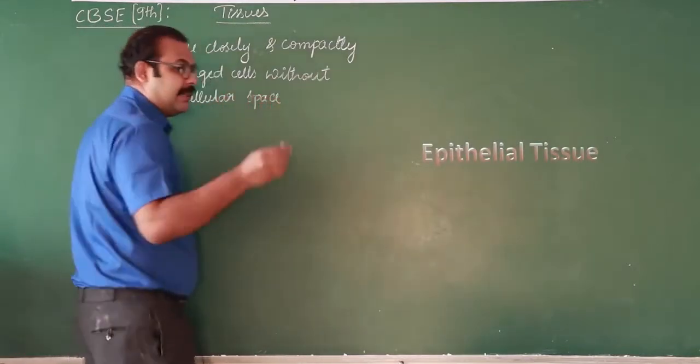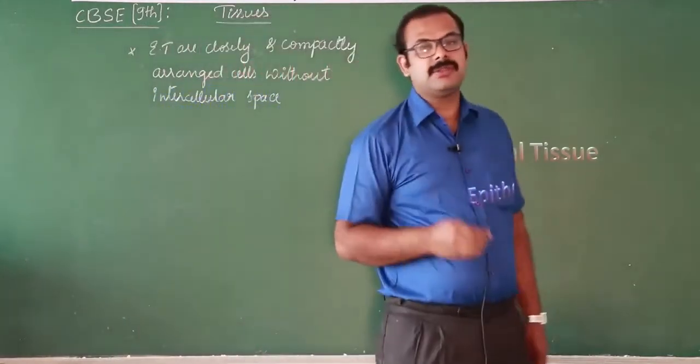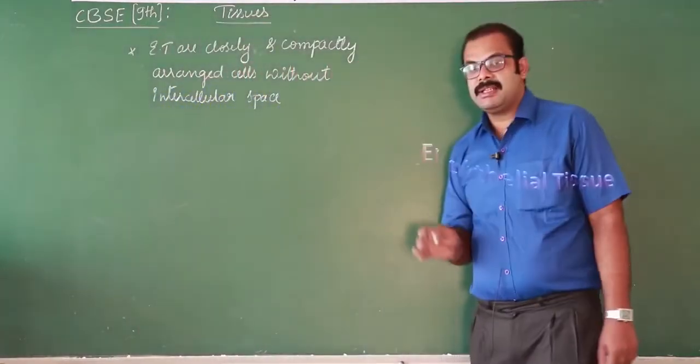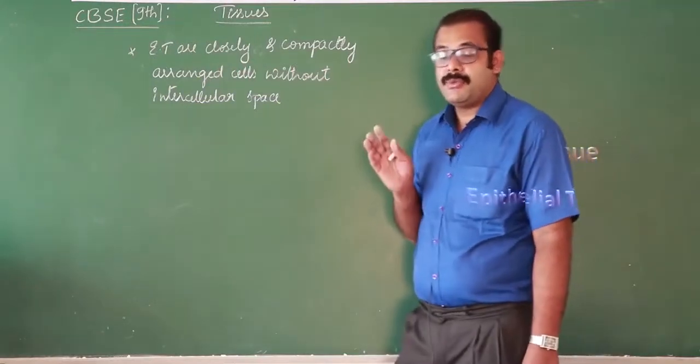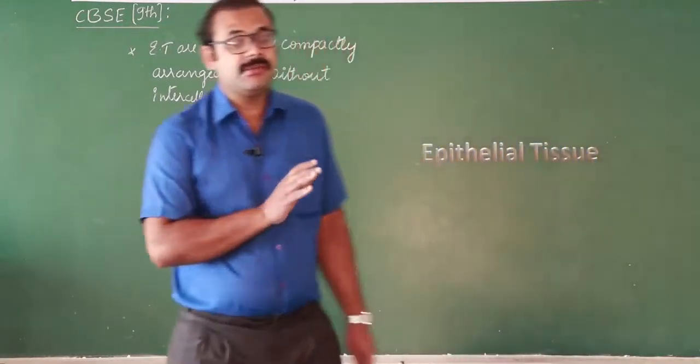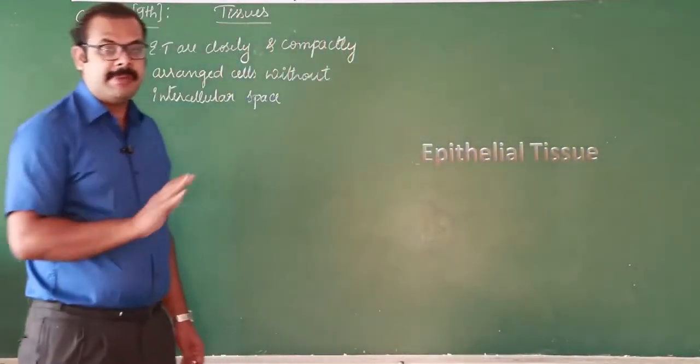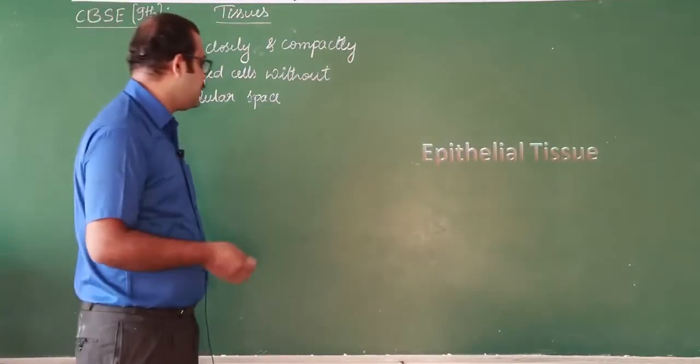Just like the epidermis, which is arranged closely, similarly these epithelial cells are arranged very closely and compactly, and they do not contain any spaces between them, which we call intercellular spaces.